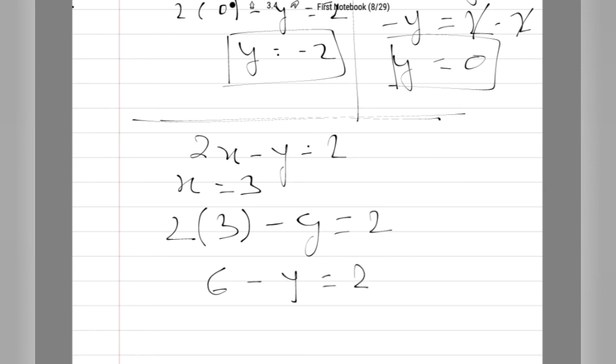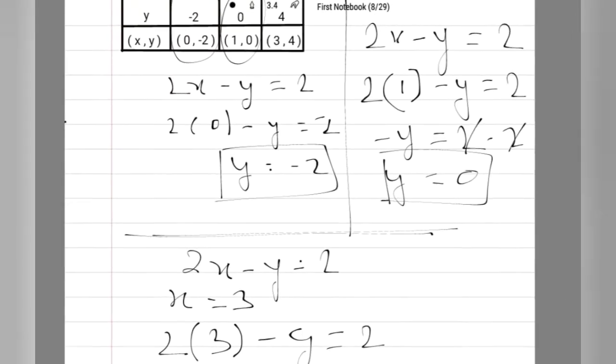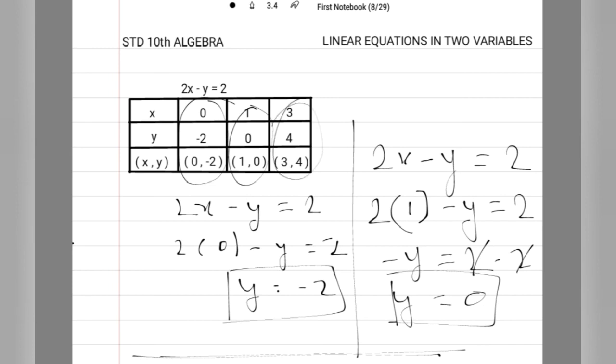Taking 6 on the other side, minus y is equal to 2 minus 6, which is minus 4. This minus and this minus sign get cancelled and we get y is equal to 4. So this is the third coordinate which we get here. Now plotting these coordinates on the graph.